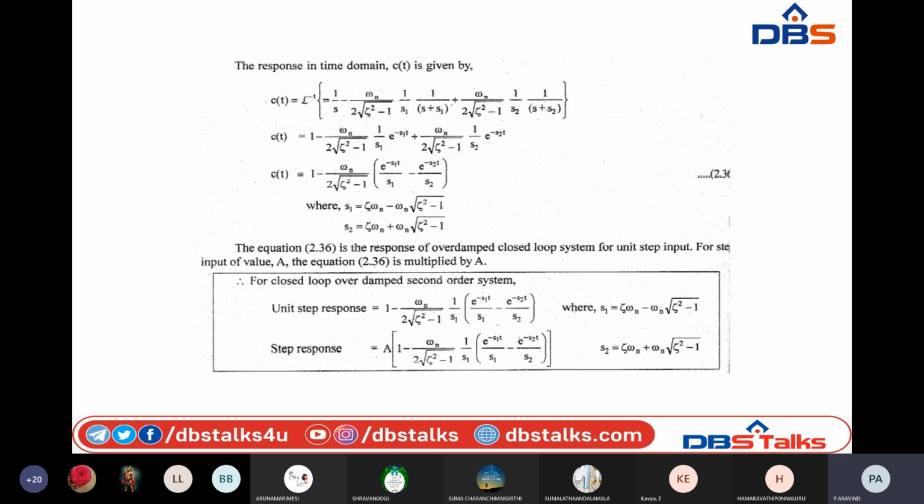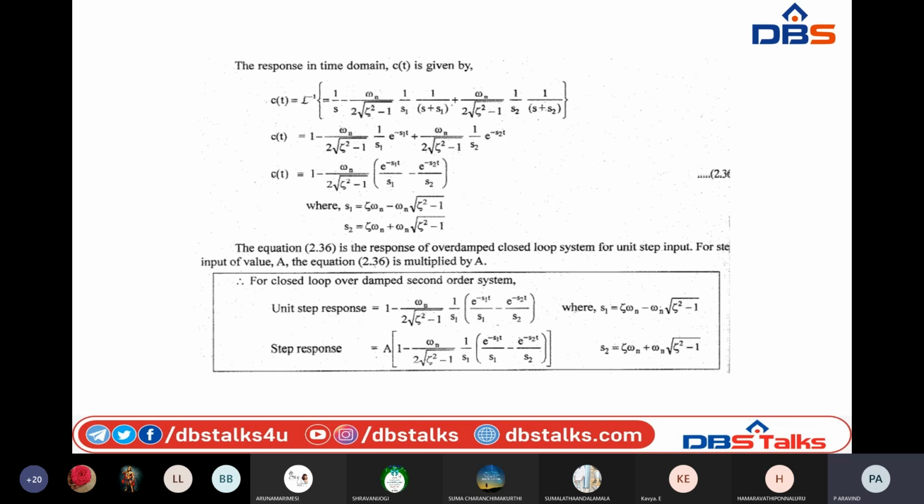So here we have found the response of the overdamped second order system for unit step input, that is C(t). We are taking unit step input, so the response looks like this.